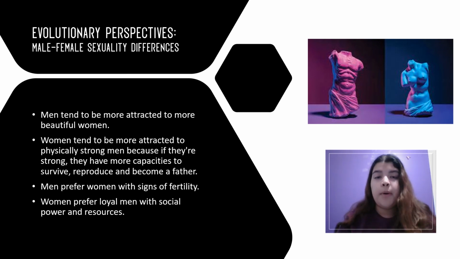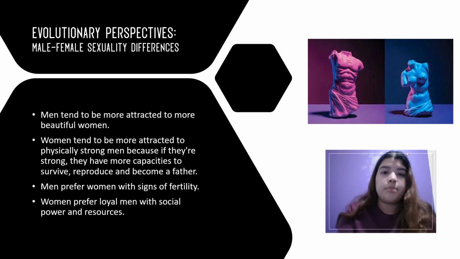And also, men are more likely to think that casual sex is acceptable than women. And also, something really important is that evolution is not always perfect. Mutations exist, and basically, mutations are random errors in gene replication.